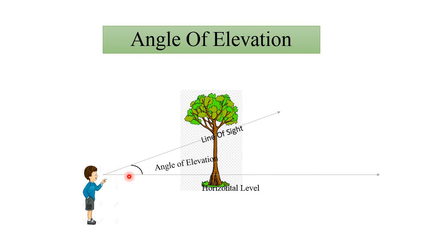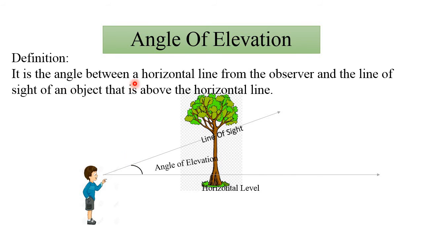Angle of elevation means the observer's eyes move to the top, or are elevated to the top. It is the angle between a horizontal line from an observer and the line of sight.